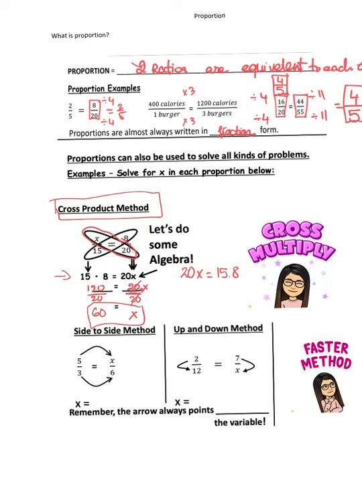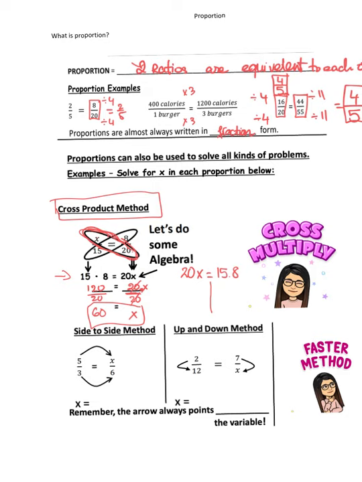I highly recommend you start with the variable and cross multiply them. So I will start with the one that has the variable, 20x. Everything with x is usually on the left side and the constant usually on the right side, which we usually see in unit 2. So I want you to continue to do that.